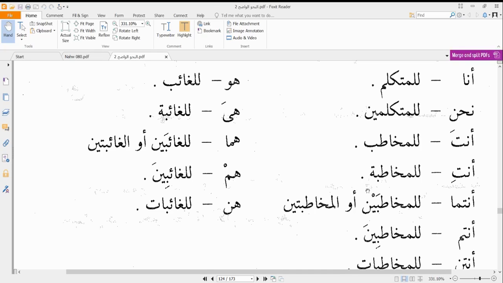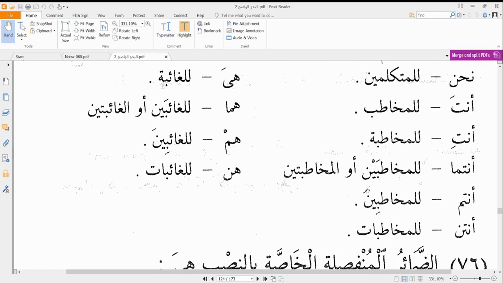Antum lil mukhatibin: when you are talking to many people, the masculine plural, all male or a mixture of male and female, you use antum. And antunna, if the people you are facing are only females, then you say antunna.